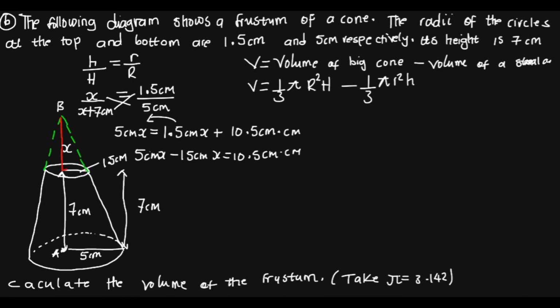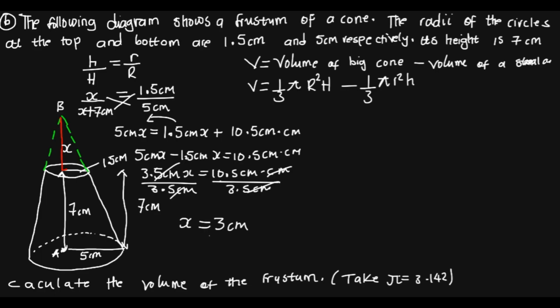So 5 centimeters x minus 1.5 centimeters x, we get 3.5 centimeters x is equal to 10.5. We can divide by 3.5 since we are solving for x, even here by 3.5 centimeters. So we can cancel 1 centimeter here. 10.5 divided by 3.5, we get 3 centimeters. So this is our answer here.